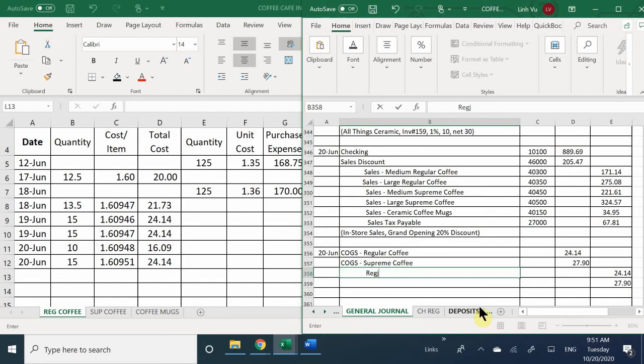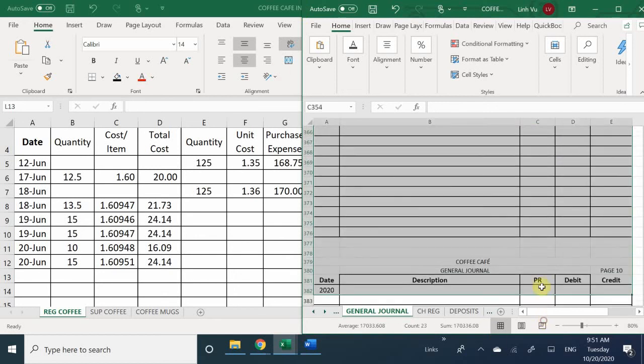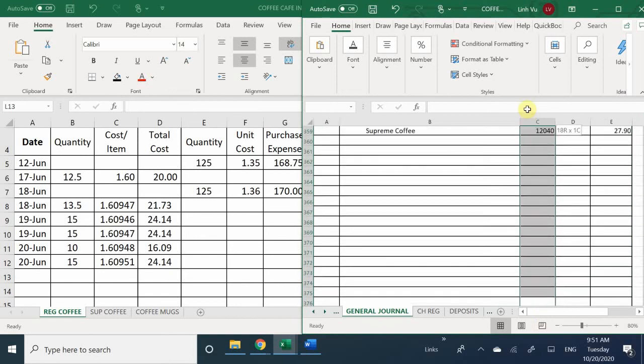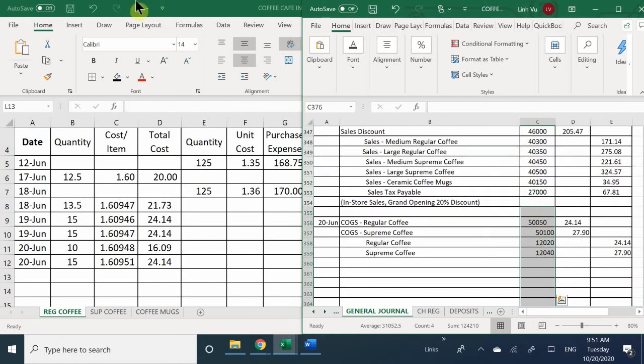Regular coffee and supreme coffee. All right. And then my account numbers. Good.